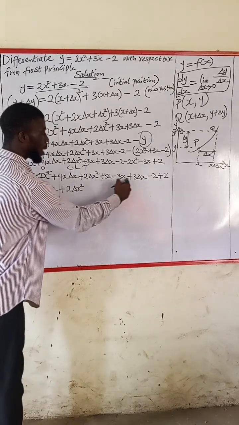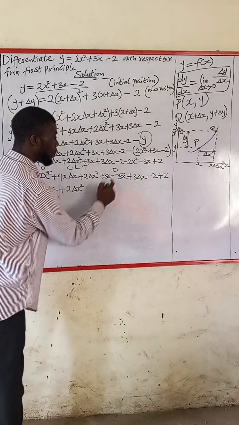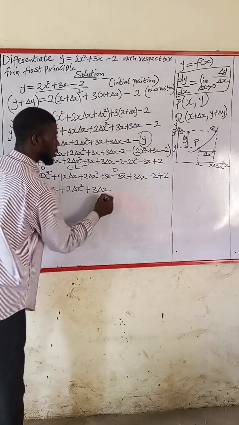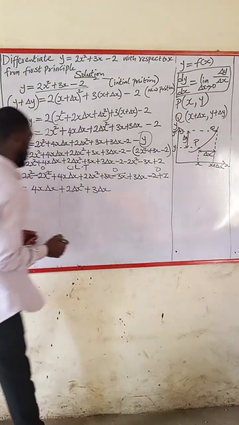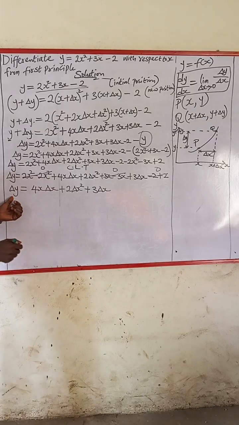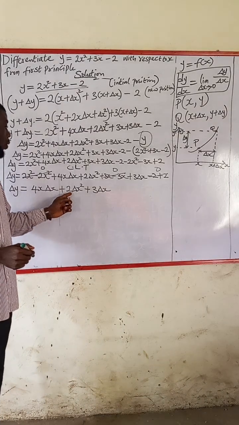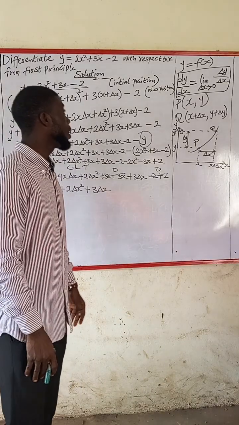Now plus 3x minus 3x will also give us 0, so that will go off. Plus 3 changing x, minus 2 plus 2 will also give us 0. So we now have that changing y is equal to 4x changing x plus 2 changing x squared plus 3 changing x.